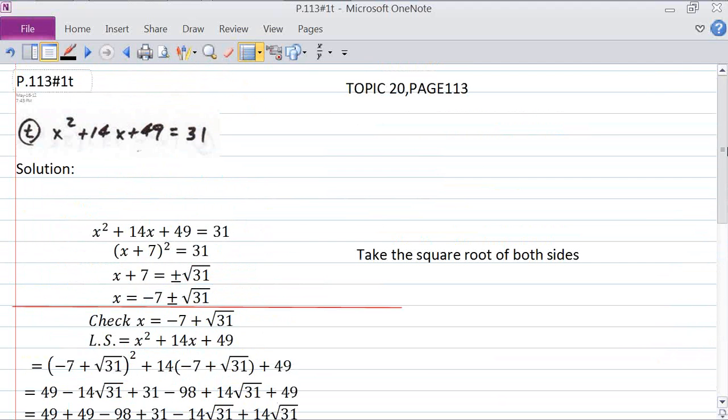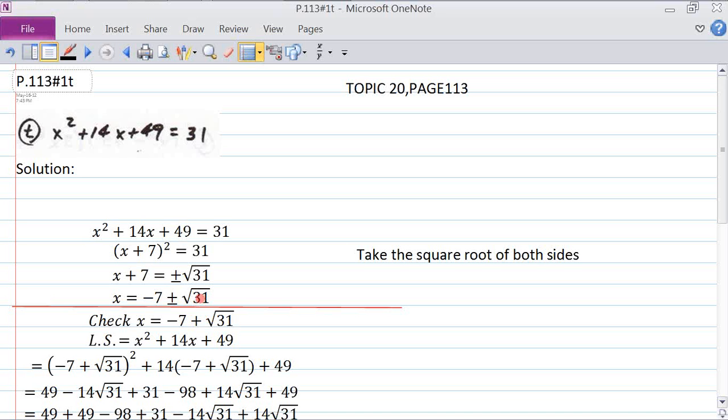Again, here, this is an approximate. The root of 31 is somewhere, I would guess, around 5.5, something like that. How do I know that? The square root of 25 is 5, and the square root of 36 is 6.